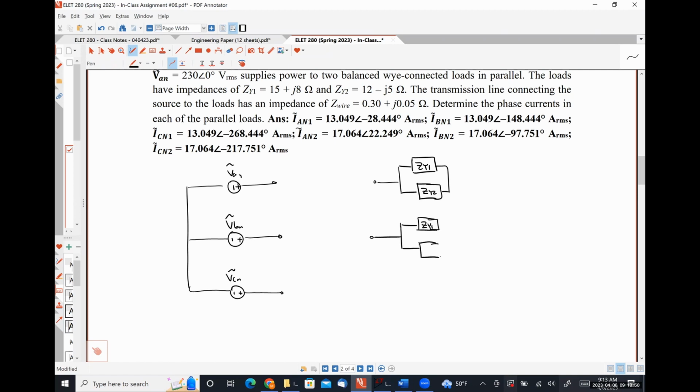I'm just going to tie all those together. So this is my load side neutral, capital A, capital B, capital C, lowercase a, lowercase b, lowercase c, lowercase n. Transmission line, ZW.